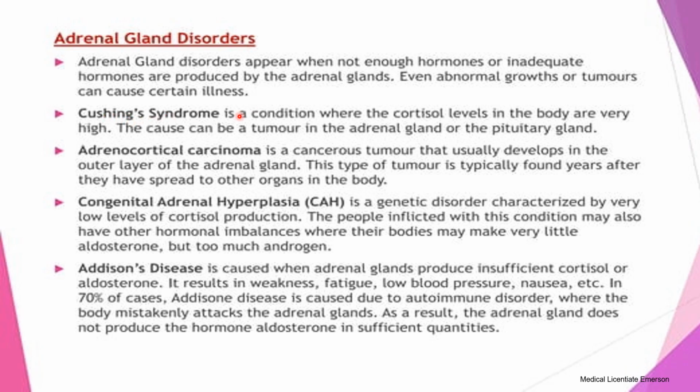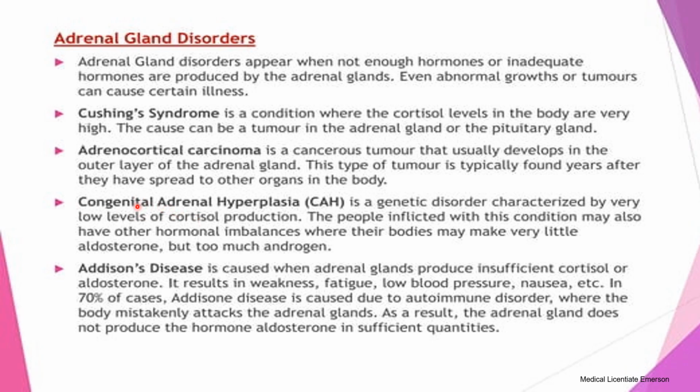So we have Cushing's syndrome, which is a condition where the cortisol levels in the body are very high. Then the cause can be a tumor in the adrenal glands or the pituitary gland. Then the other condition could be adrenocortical carcinoma, which is a cancerous tumor that usually develops in the outer layer of the adrenal gland. Then this type of tumor is typically found years after they have spread to other organs in the body.